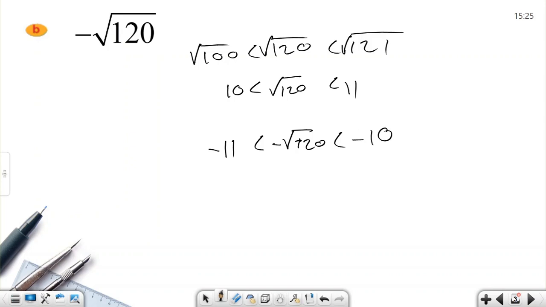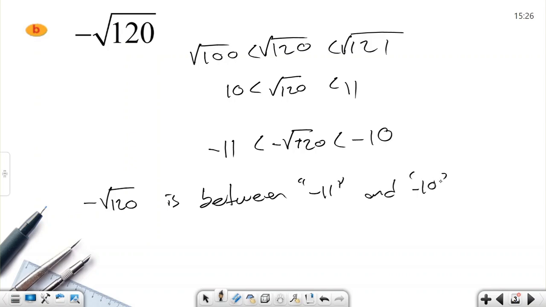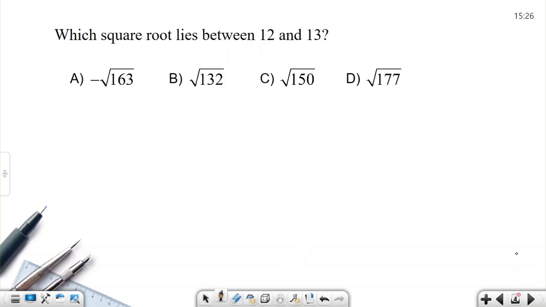When you multiply inequalities with a negative number, you must change the direction of the sign. So as you see, negative 10 gets bigger. So we can say that negative square root of 120 is between minus 11 and minus 10. I think that many examples is enough.